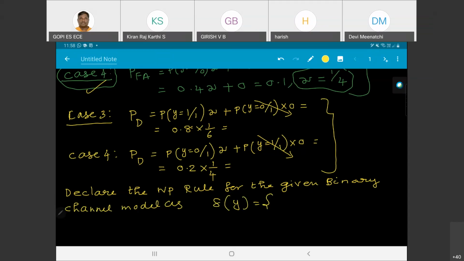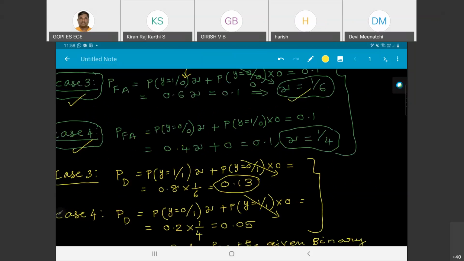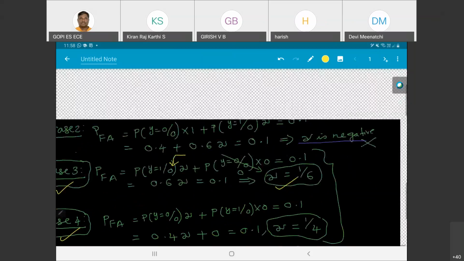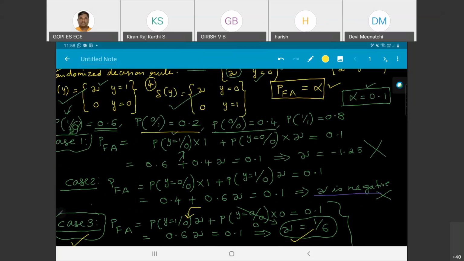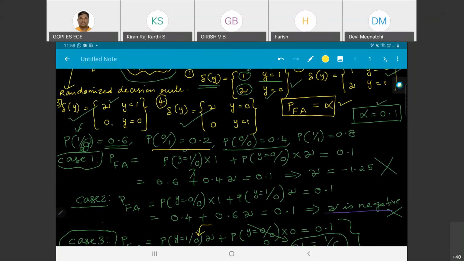This is a rule now. We declare the rule with this value 0.13 and this 0.05. We have to fix whichever is greater, so case 3 only we have to fix now. Case 3, this is the rule here.